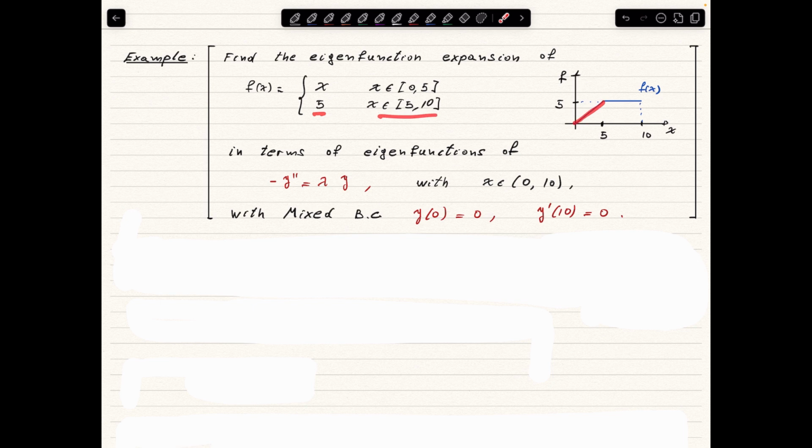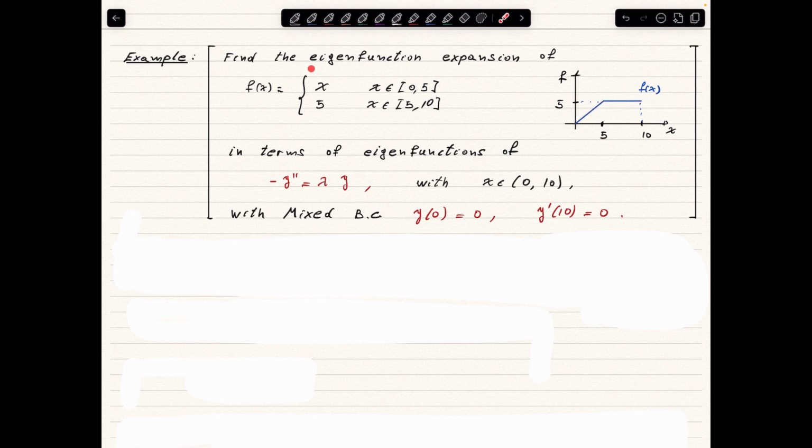Now this is a continuous function, so the eigenfunction expansion is going to give you exactly this function. There is no average of side limits here because all the averages of side limits are equal to the value of the function. The function is continuous.